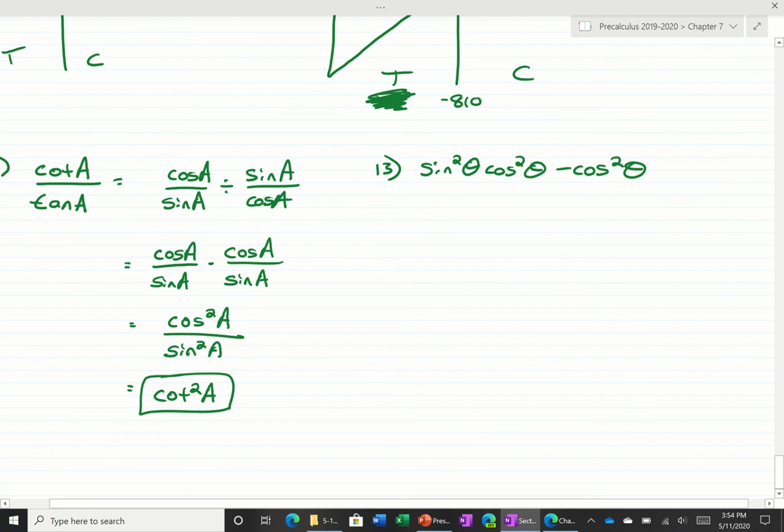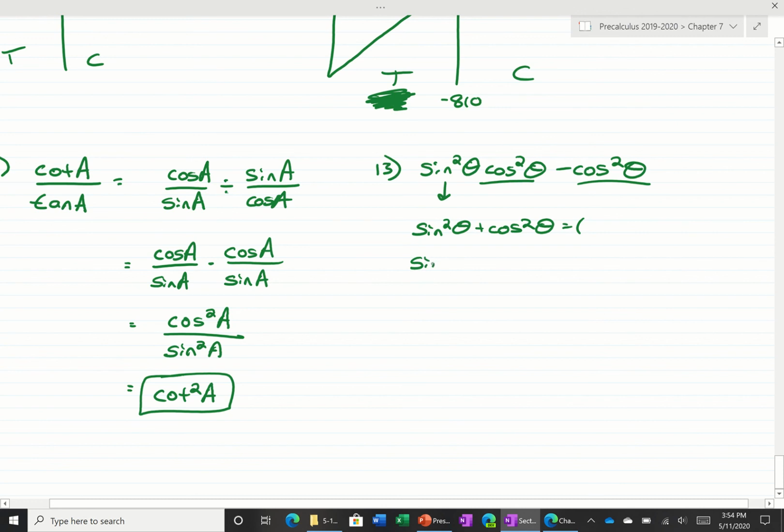If I already see we have a cosine squared and a cosine squared, I'm going to think that I can convert sine squared to a cosine squared. Remember, sine squared plus cosine squared is 1.